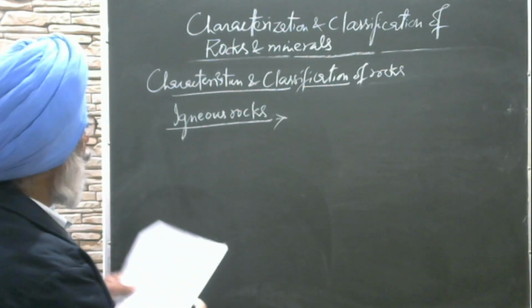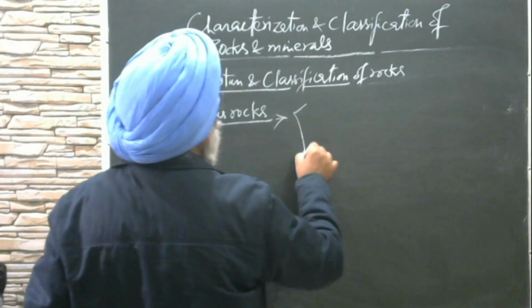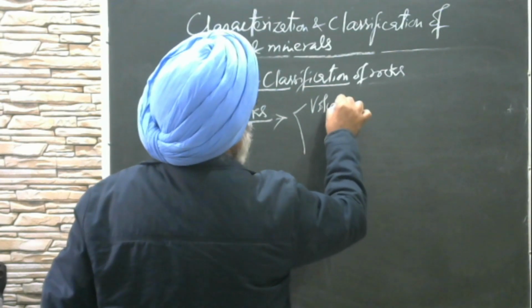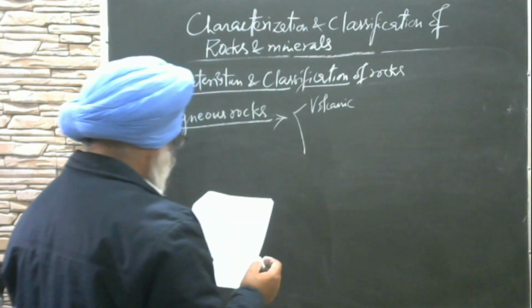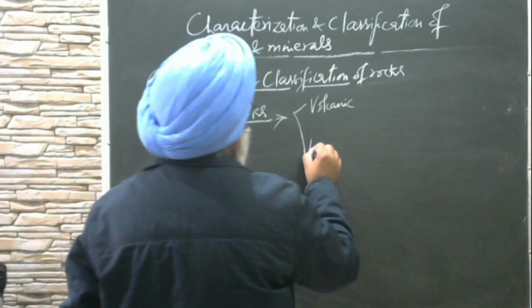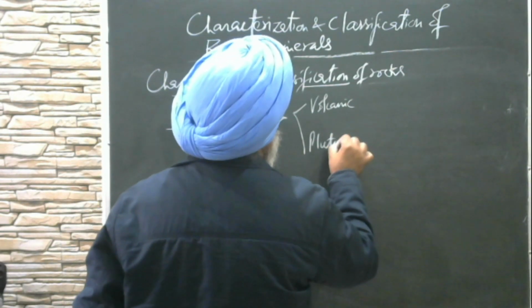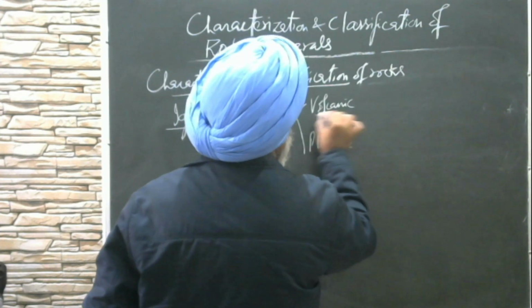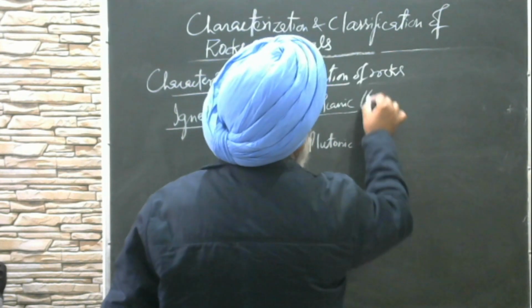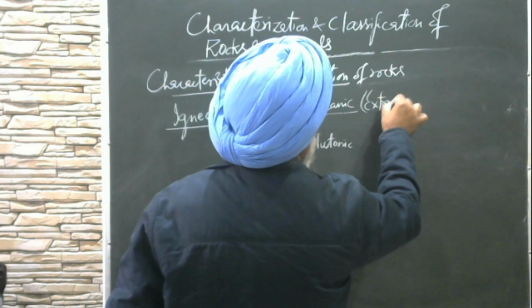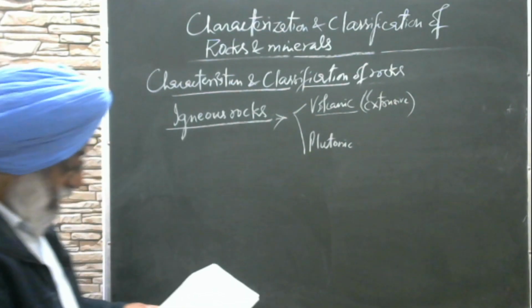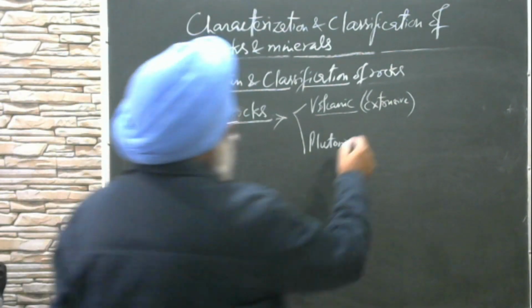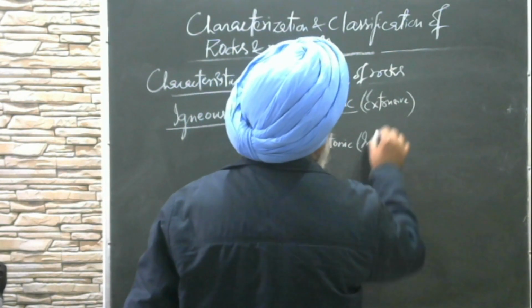And this molten magma can be volcanic or it can be plutonic. And when it is volcanic, we call this extrusive. So igneous rocks can be extrusive or intrusive.